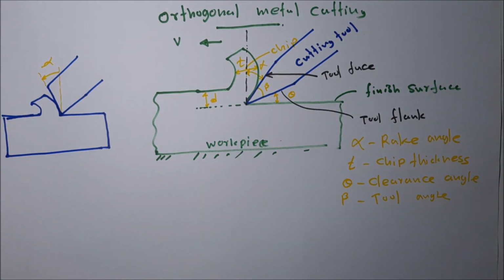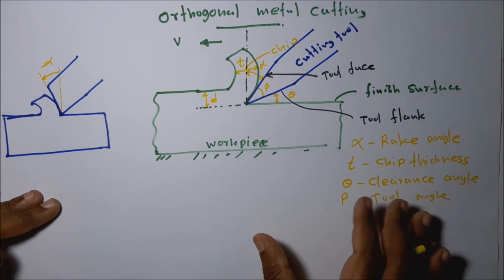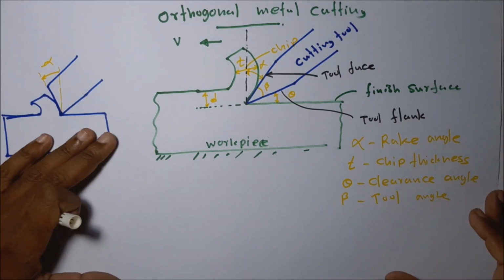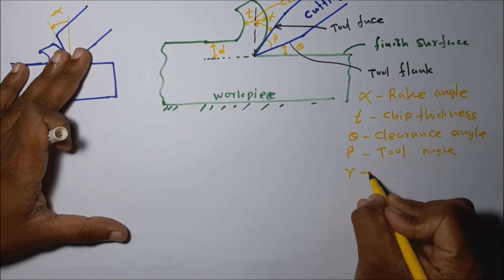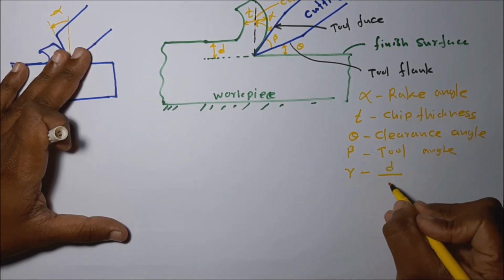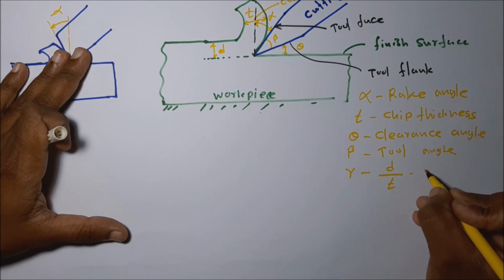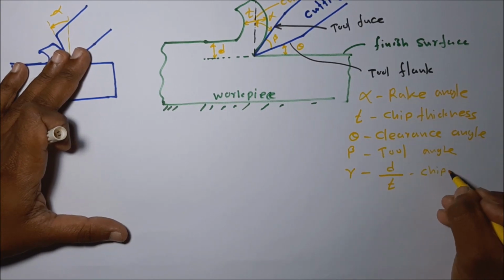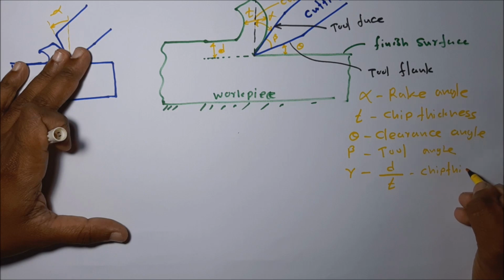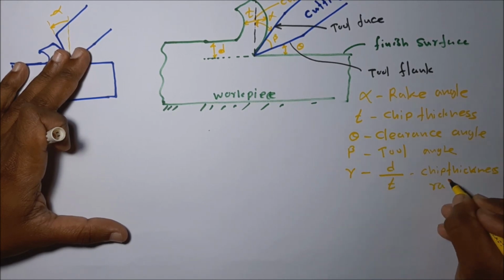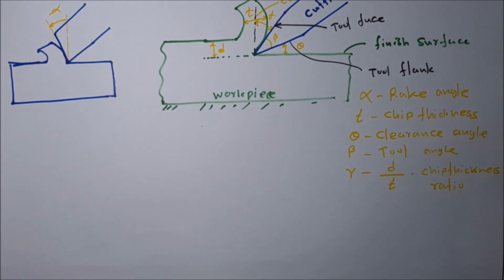Then another important parameter, the chip thickness ratio, r. d divided by t is called the chip thickness ratio.